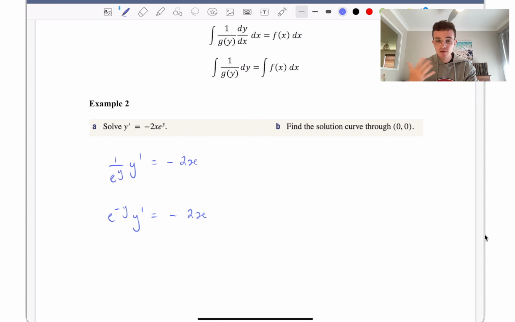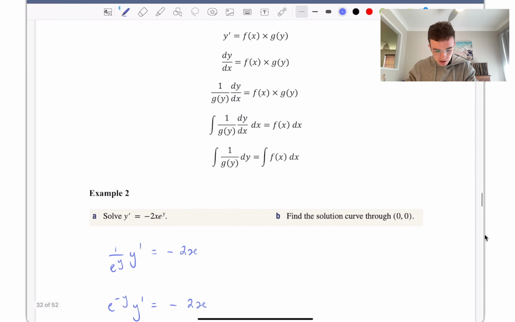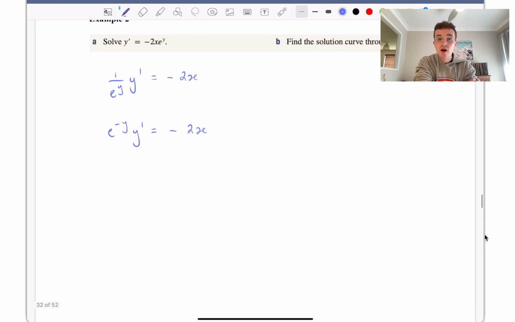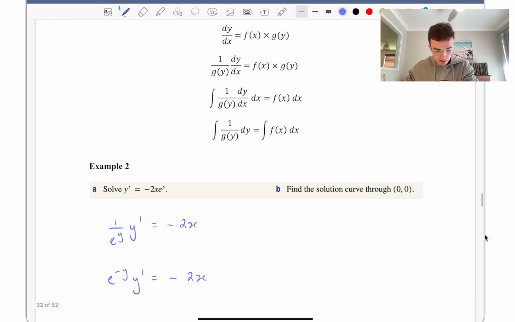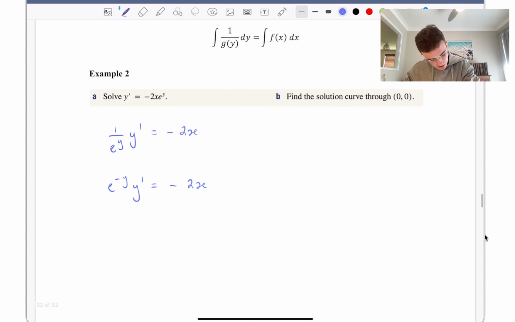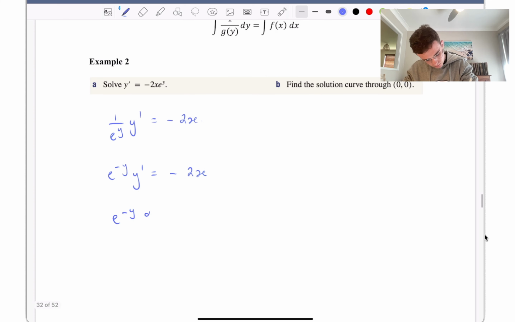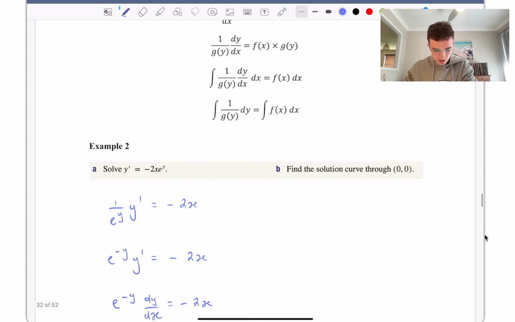Now we can't integrate this at the moment, because we've got minus e to the minus y times y dash. But we're going to remind ourselves that y dash means dy dx. So I can say this is minus e to the minus y dy dx equals minus 2x.